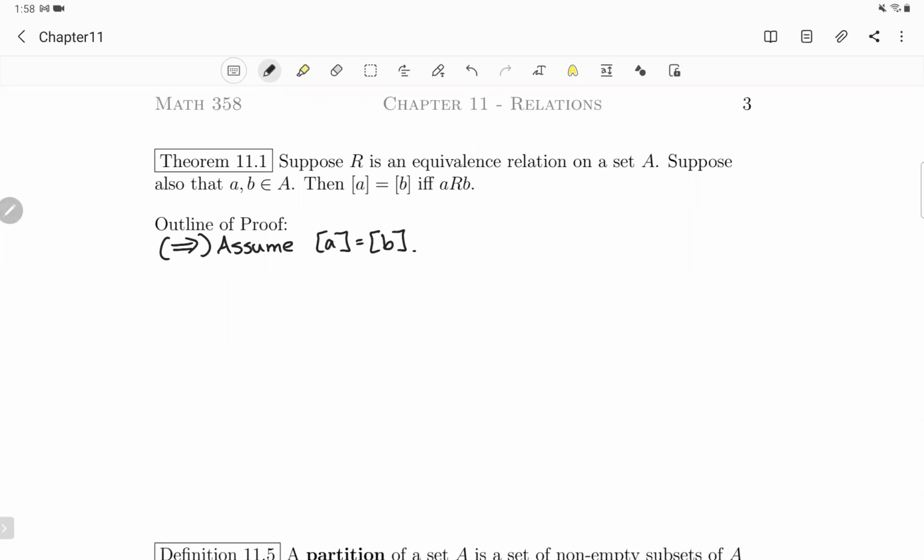Well, what is the first property an equivalence relation always has? Reflexive. So reflexive, that's going to give me A is related to itself, right? ARA.